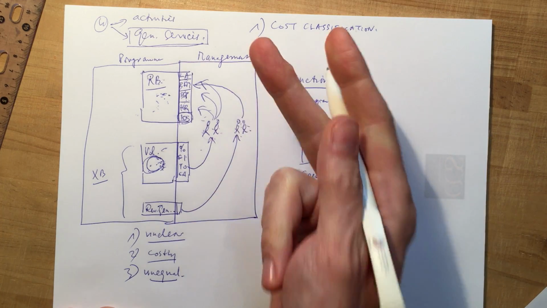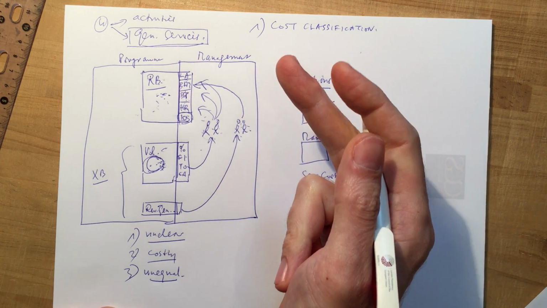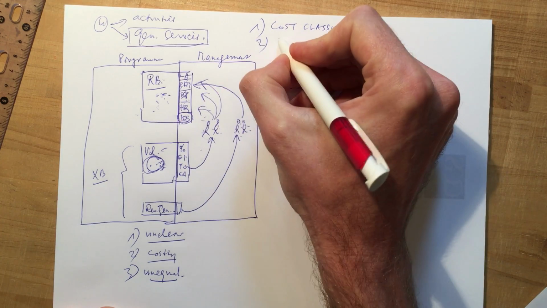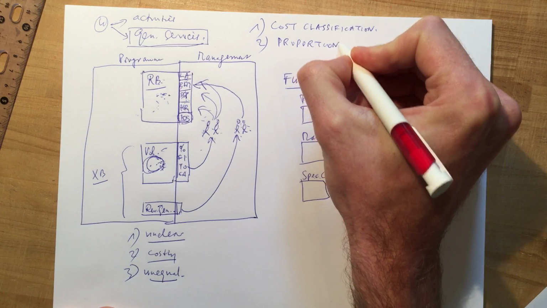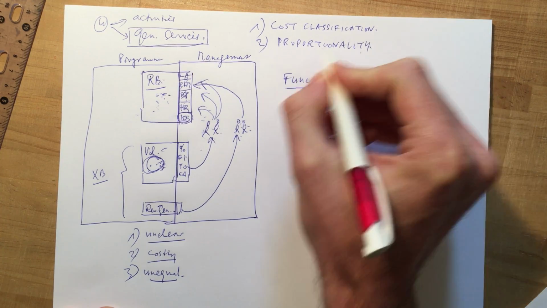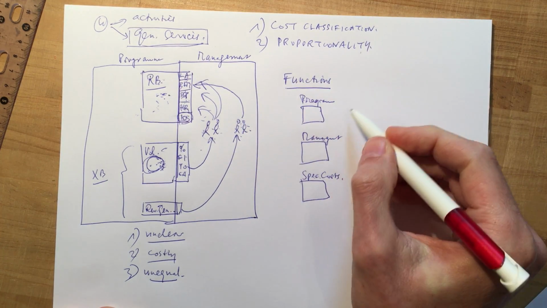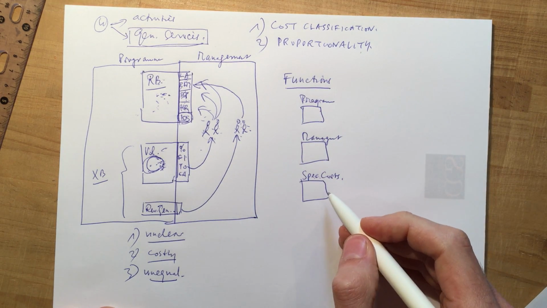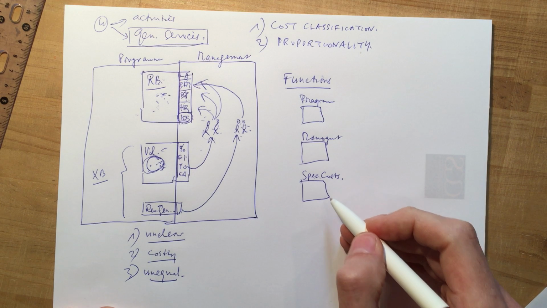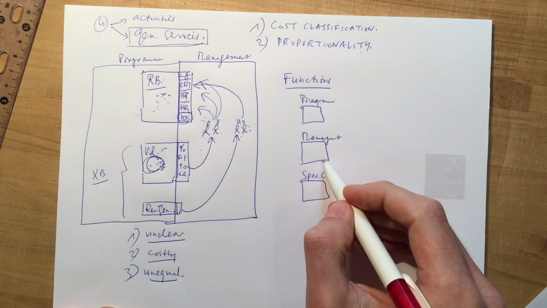Now, the second revolutionary principle UNESCO proposes is the principle of proportionality. This is about how this money, these functions will be financed by the budget, and in particular the management costs.